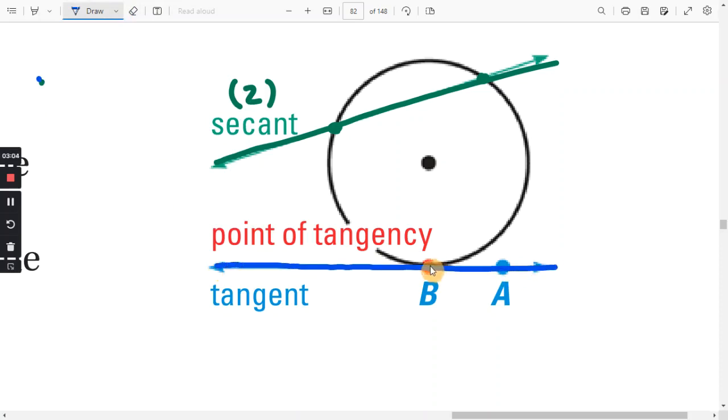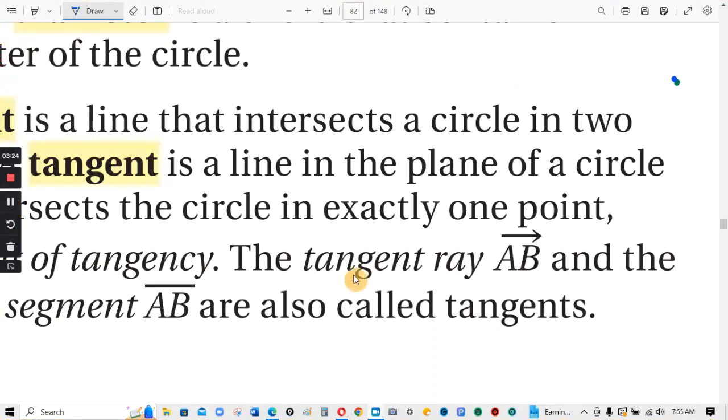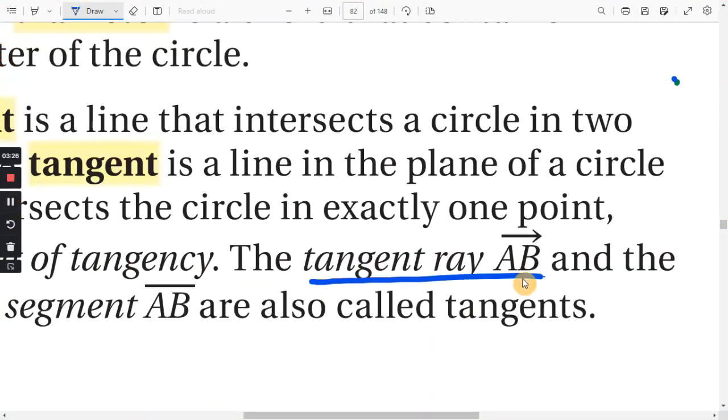You see right here, this point B, where it hits the circle, that's called the point of tangency. And this blue line here, BA, is a tangent line. You can say tangent ray AB, and you can say segment AB are also called tangents.